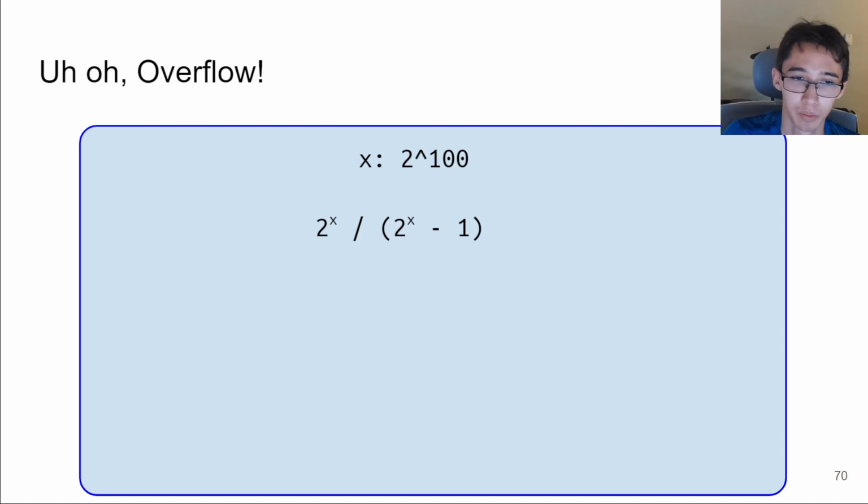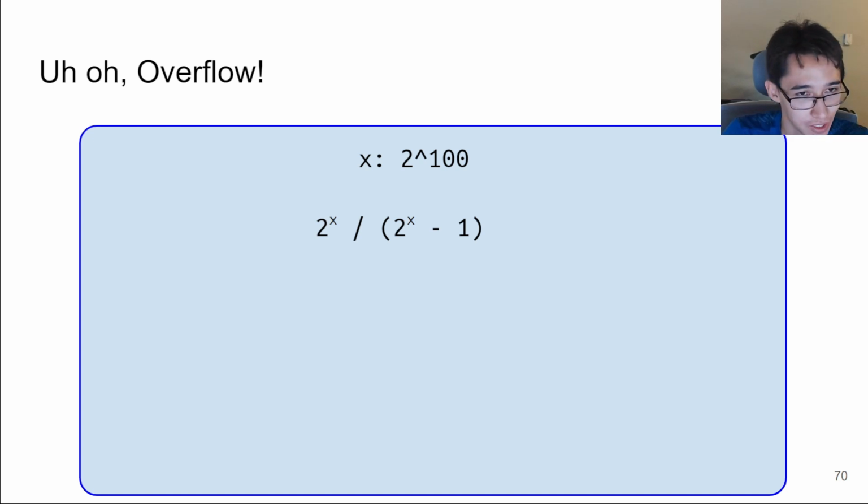Let's say we're trying to compute or measure the ground truth of 2^x / (2^x - 1). And we want to perform real computation on some floating point number, 2^100. As you guessed, this might overflow, and we'll see how that happens.